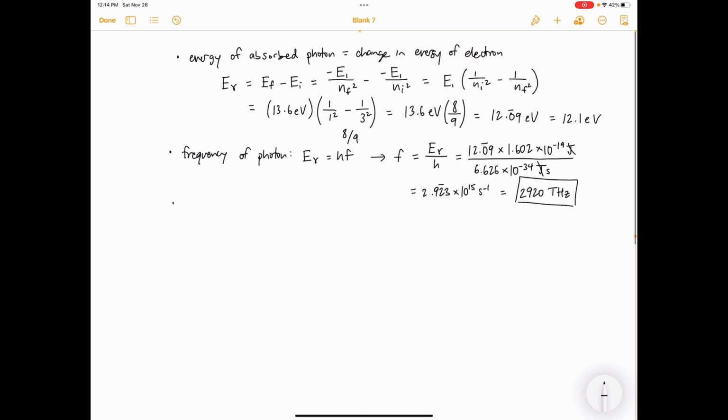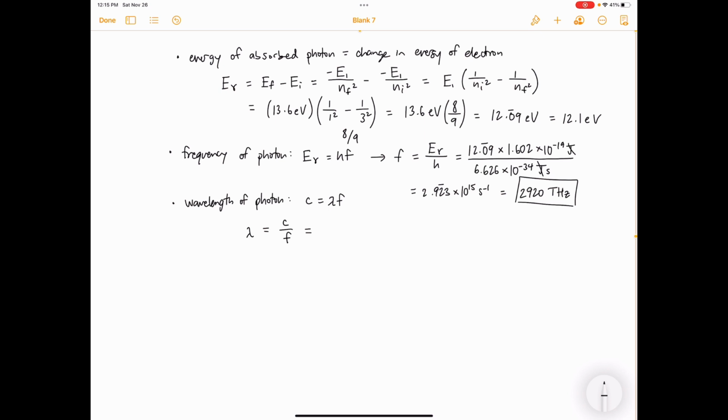Now, how can I find the wavelength of the photon? Well, for the wavelength of the photon, I can just use the fundamental relationship between speed, wavelength, and frequency, which is c, the speed of the photon, that's the speed of light, equals lambda times f. So lambda should just be c divided by f.